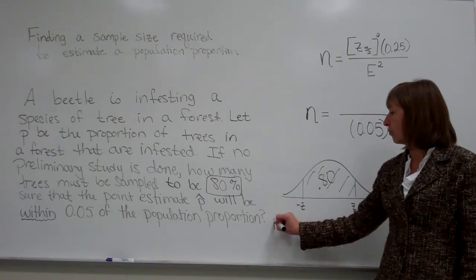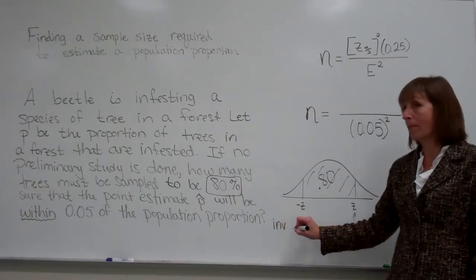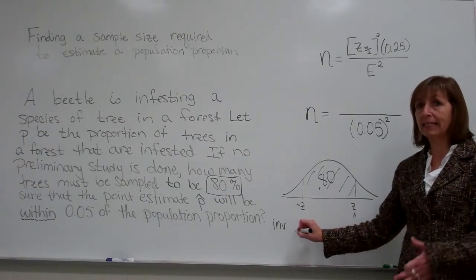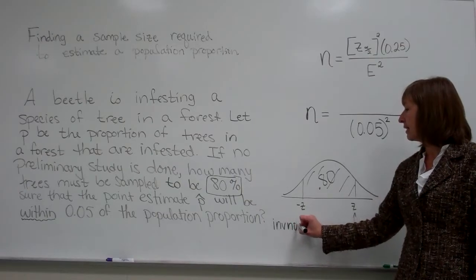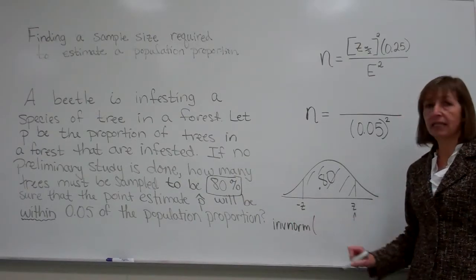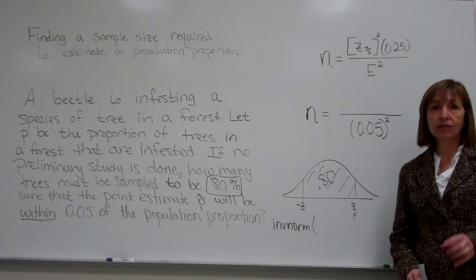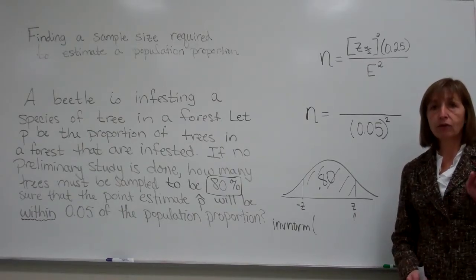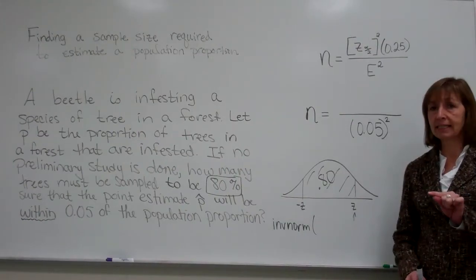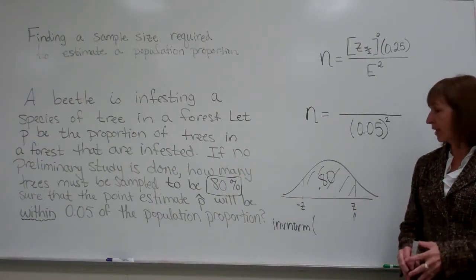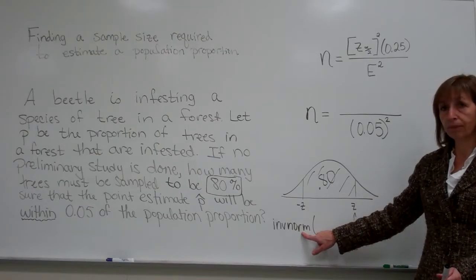With the inverse norm, because we want to go backwards from having the probability to get to the critical values, INV norm, this is found underneath your second vars, the distribution key. So if you go second VARS, you'll see that the printing above that is DIST. And under that, you'll find inverse norm.